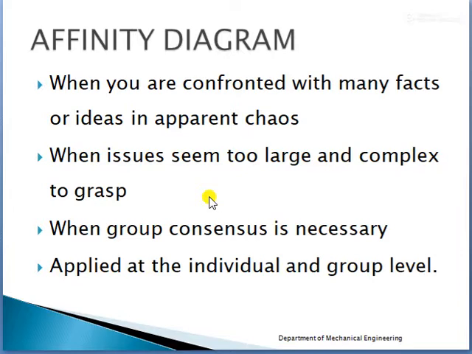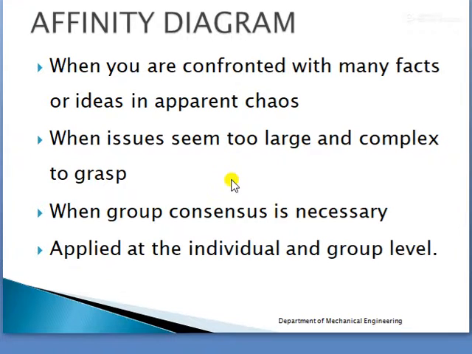And here in the affinity diagram, when you are confronted with many facts or ideas in apparent chaos, or when an issue seems too large and complex to grasp, at that time you are going to use this. When group consensus is necessary, applied at the individual and group level.